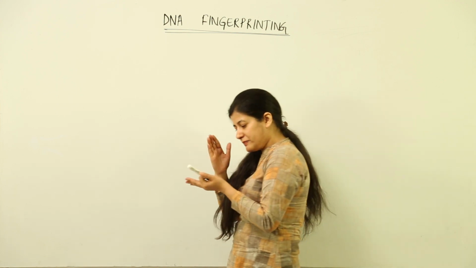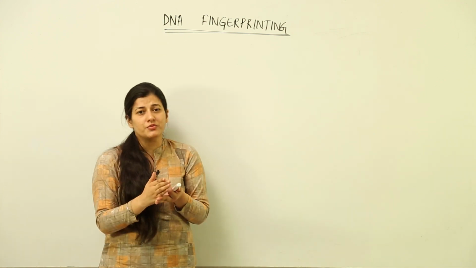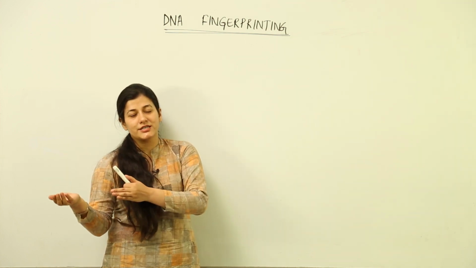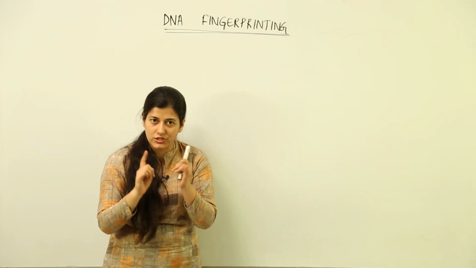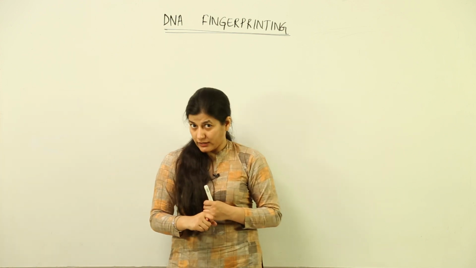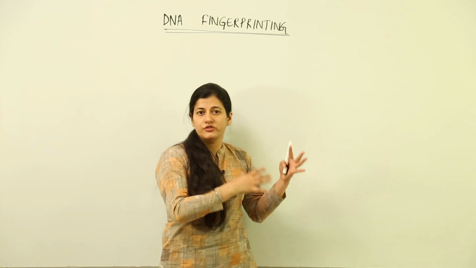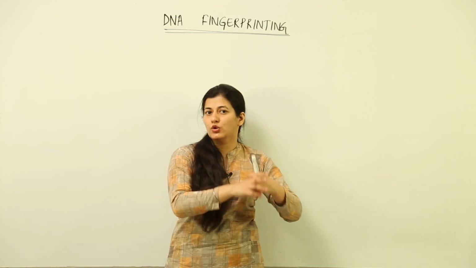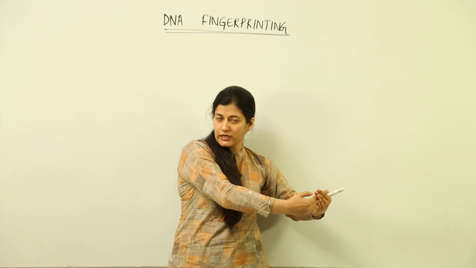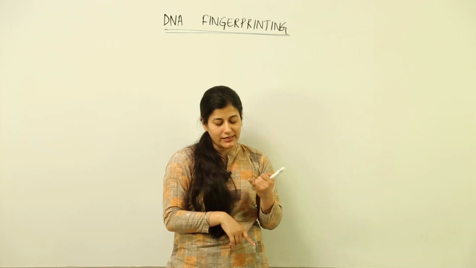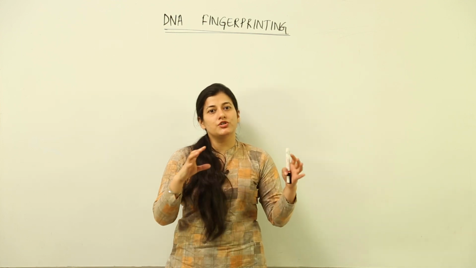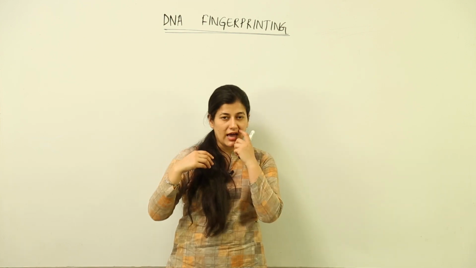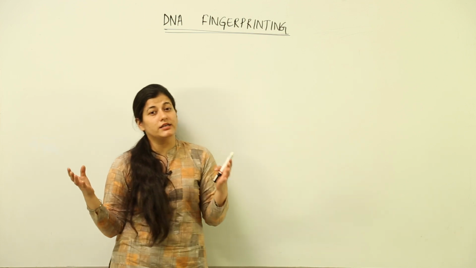where a parallel has to be drawn between the sample's DNA and the convict's DNA, and then that has to be matched. Now, one thing you know by now, this being the last topic of genes, is that every individual has a genome which is totally different from the other individual. Secondly, you know that the human genome has as many as 6 billion base pairs.